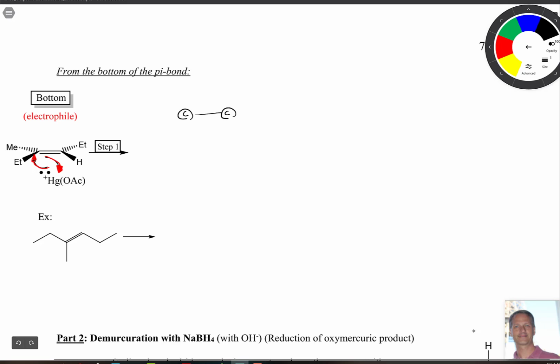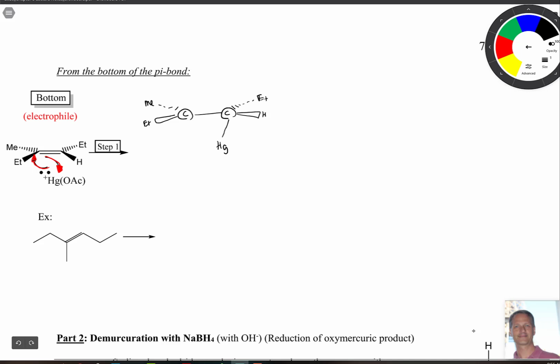All right, now mercury is going to be hanging out closer to this carbon because, sorry, as I write this down, the other carbon is the one that bears the better delta plus charge, right? So it's going to come over here like this.